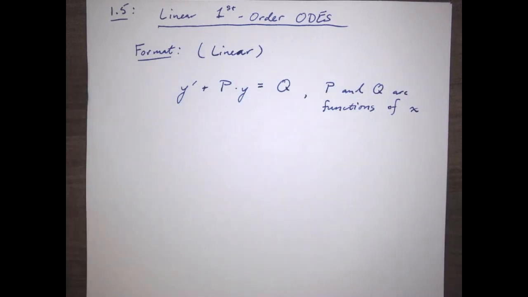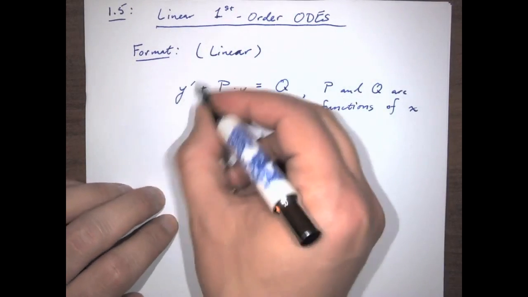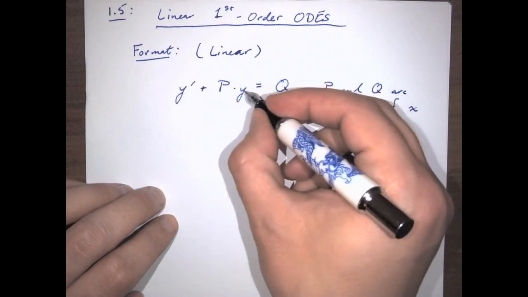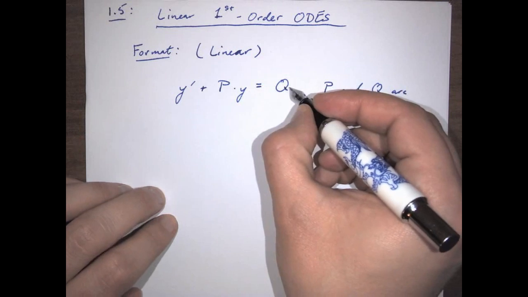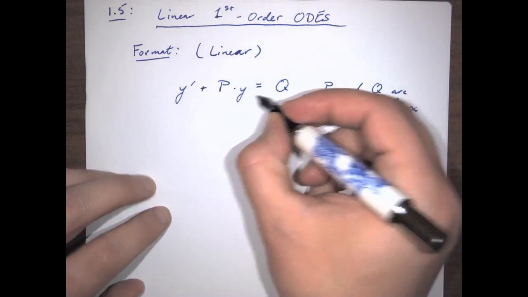So we have capital P, capital Q, and those represent two functions of x. The format is a naked y prime, something involving x all times y, and then just a q. So what's linear about this is it's linear in y.